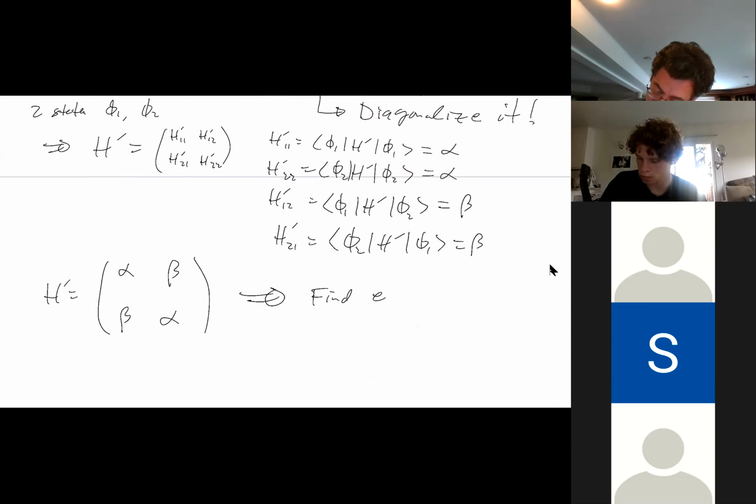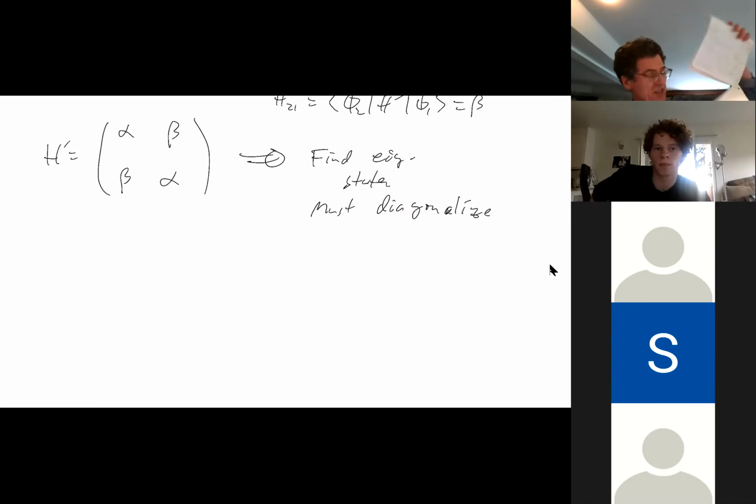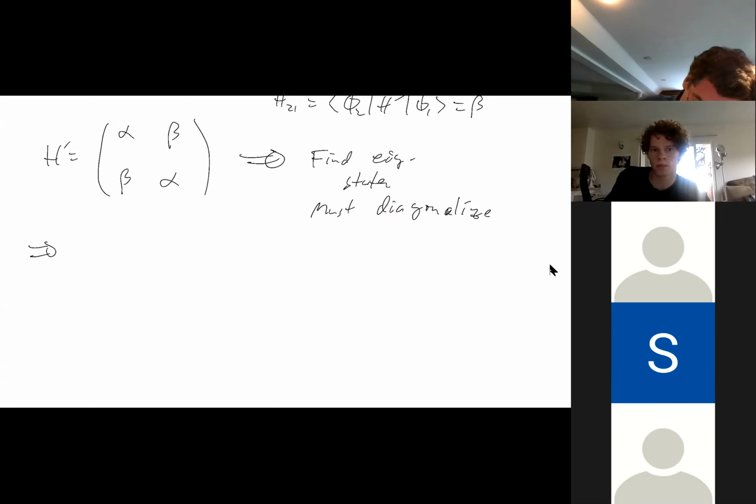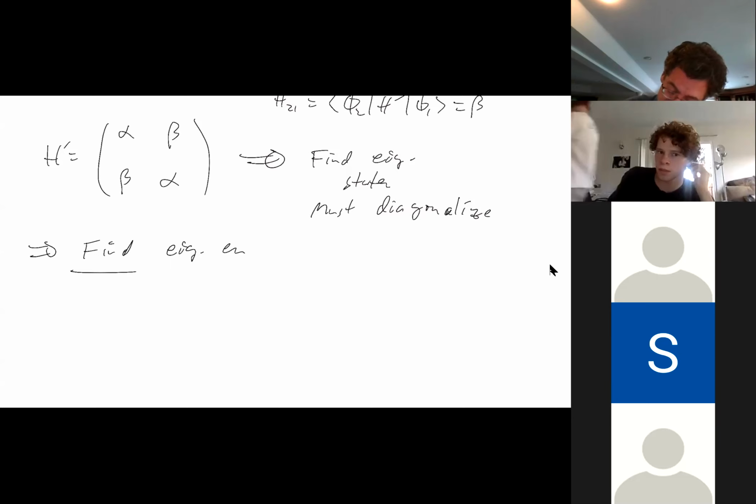And then we need to find the eigenstates. We must diagonalize it. We kind of have run out of time, but I just wanted to give you a sense. If you diagonalize it, then you can find the eigenenergies, and I'm not going to diagonalize it because it's a 2x2 matrix, you've done that before. I'll just write the answer.